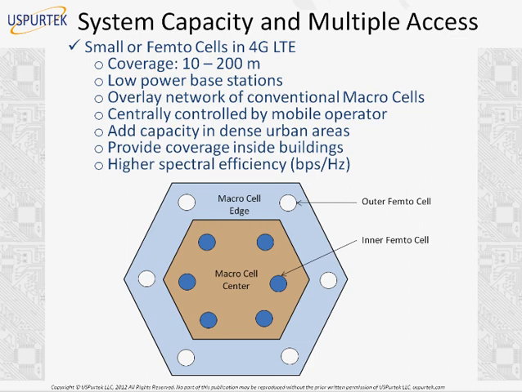Whether you are inside the building or outside the building or away in the countryside, everyone is covered with the best quality signal you can have for a 4G wireless network. Now here, these are centrally controlled by the mobile operator. The frequency allocation to each femtocell and to the macro cell is controlled by the mobile operator. Okay, we'll see in the next slide how we actually implement that.